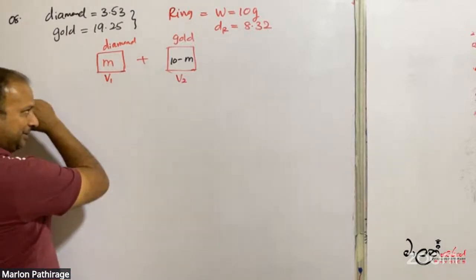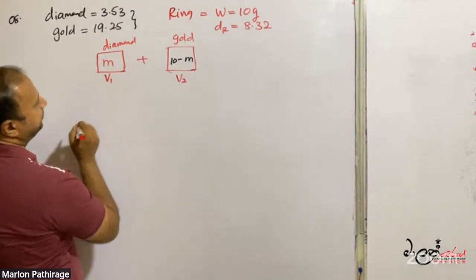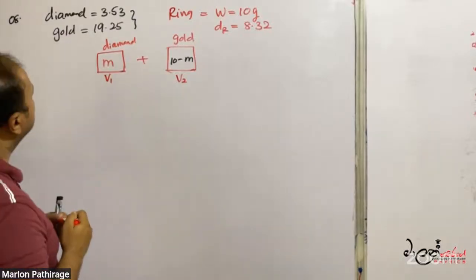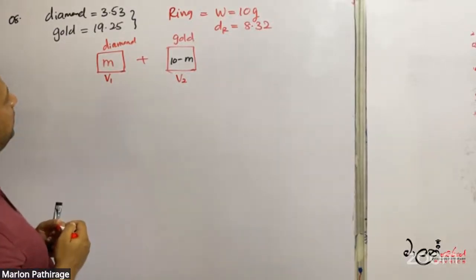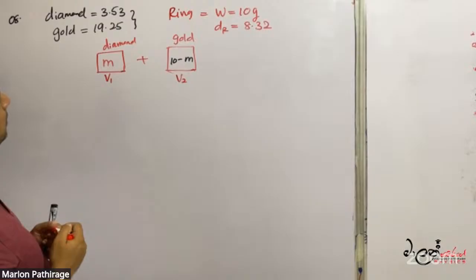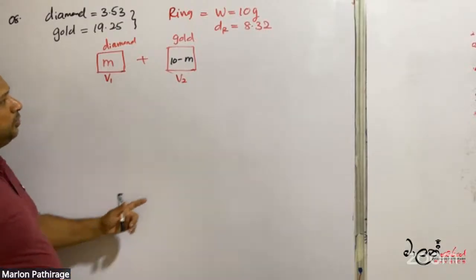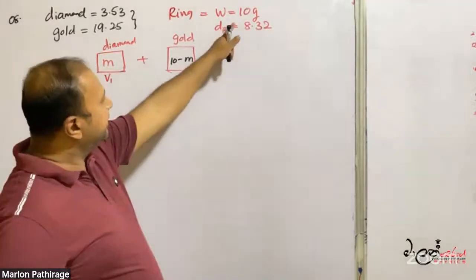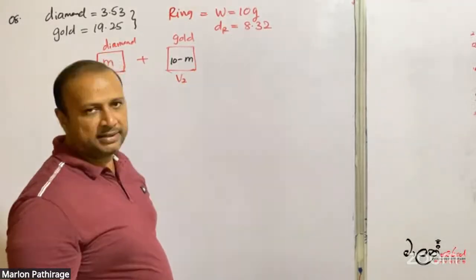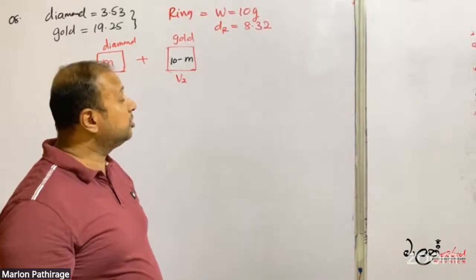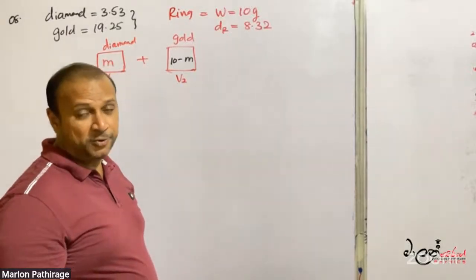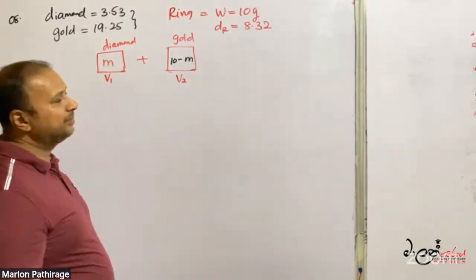Now we know this thing. Take a minute. So you know the relative density of this ring is 8.32.